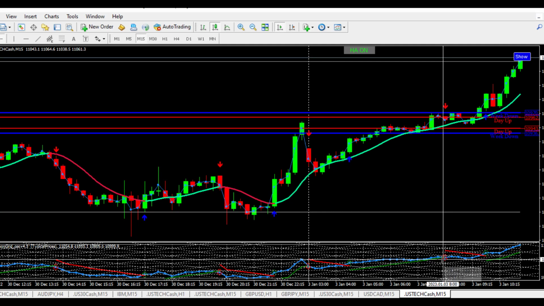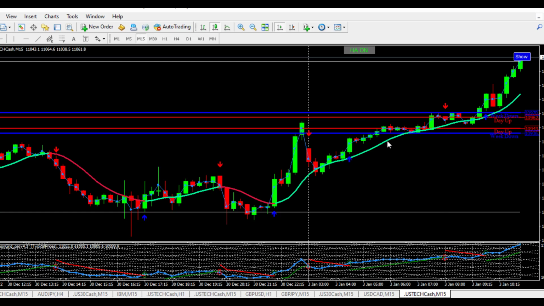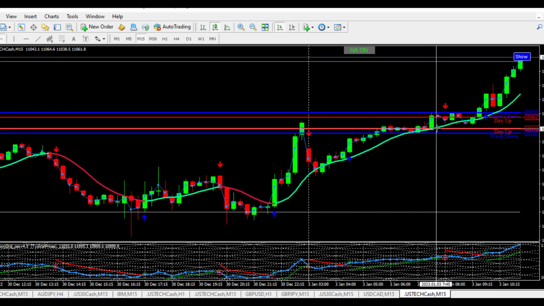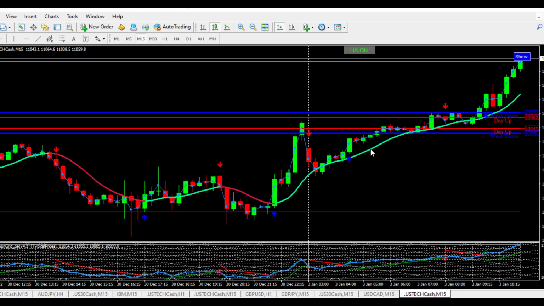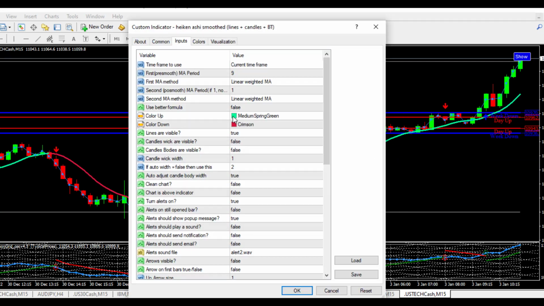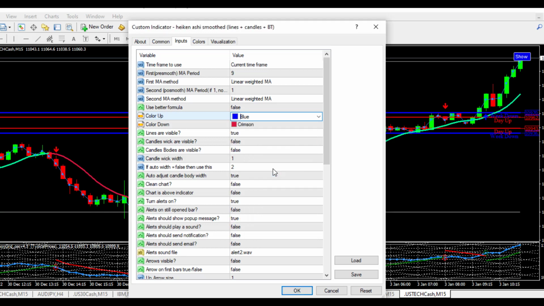The PAMA indicator gave us a sell here at this point, but when you look at this other indicator, this is a candle smooth line indicator, it does not change to red for a sell. Let me change the color so that it will be easy for every one of us to understand. For a buy, let me change it to blue, and down is crimson, so we can still leave it at crimson.